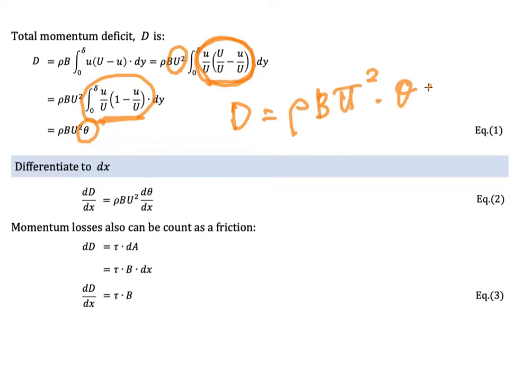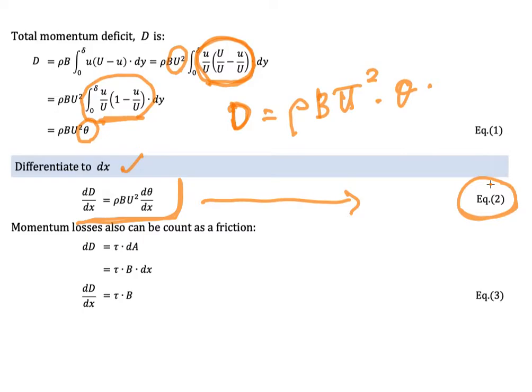To ease our calculation, we differentiate capital D with dx. So we have dD/dx equal to rho b U squared d theta/dx, and we determine this as equation number 2.